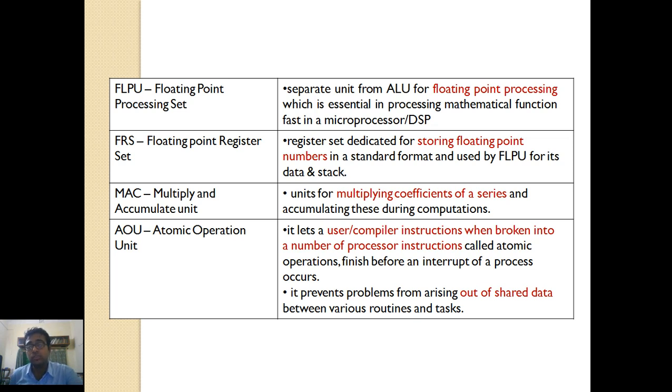It lets the user or compiler instructions, when broken into a number of processor instructions called atomic operations, finish before an interrupt of a process occurs. It prevents problems from arising out of shared data between various routines and tasks.